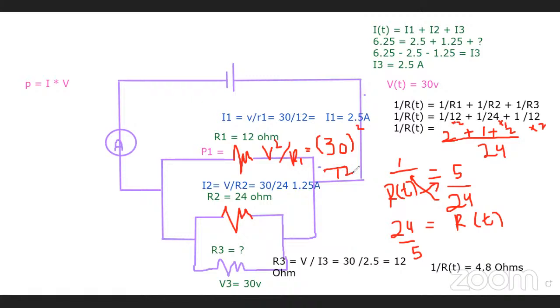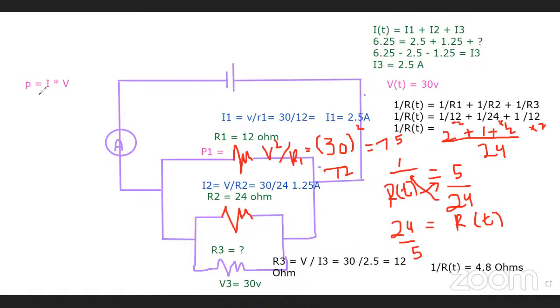The square of 30 is 900, divided by 12. It's 75. The power will be 75 here.